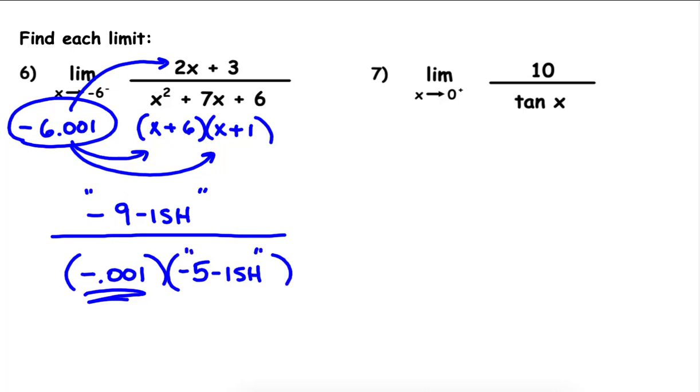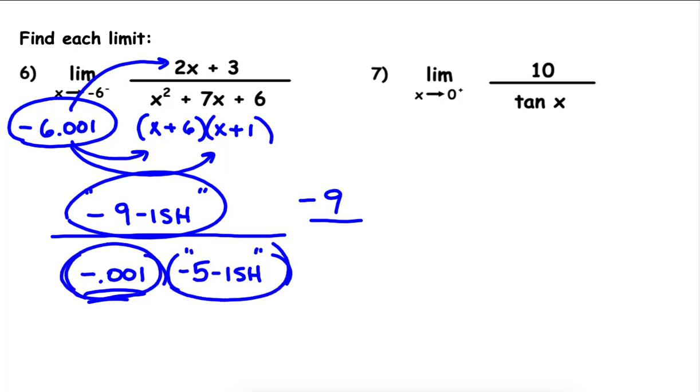What's going to happen here is you're going to have a number near negative 9. But here you're going to have a negative times a negative, which is a positive number, but it's going to be near 0. And so negative 9 divided by something that's near 0, but positive, is going to be negative infinity.